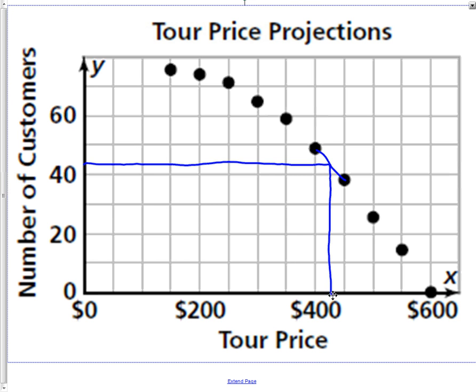At $425, I'm going to make a line up, and then I would draw a line over to the number of customers. That's how I would figure it out. So step 1, connect the points. Step 2, find the price point 425 and make that line over to the number of customers to estimate how many customers would actually pay $425.